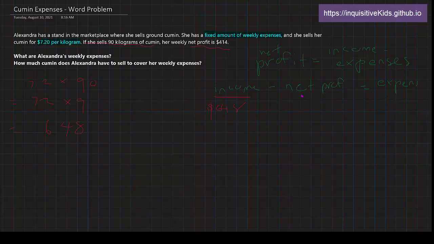And we know that her net profit is $414. So to find her expense, what is 648 minus 414? That would be 234. Okay? So $234 would be weekly expenses.